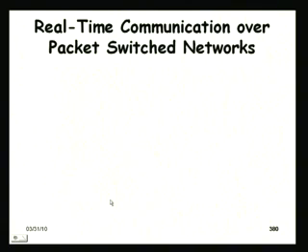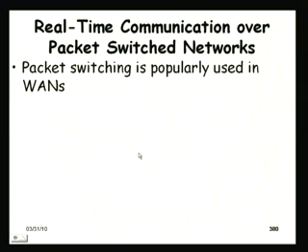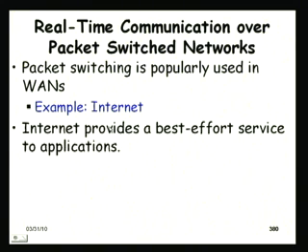We had discussed some important protocols for real time message communication in a local area network environment. Now, let us see how real time communication can occur over a packet switched network, a wide area network basically. The most popular example of a wide area network is the internet. We had seen earlier that it provides best effort service to applications.